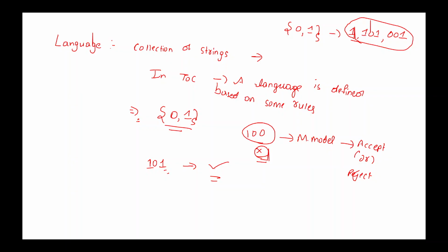And the next thing we are going to learn is what are states and what are state diagrams. After learning them, we will learn about the mathematical models, and the first model we are going to learn is DFA.